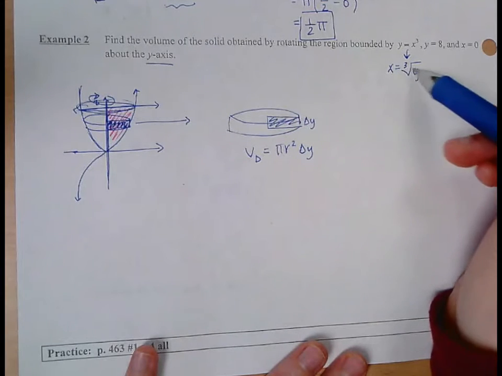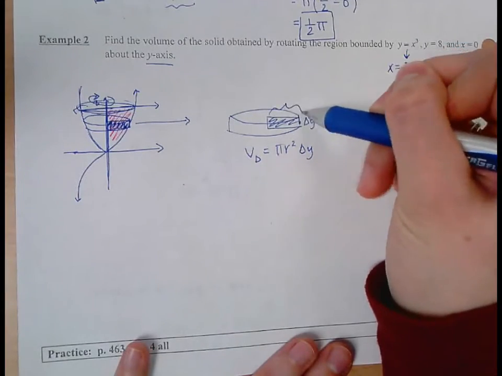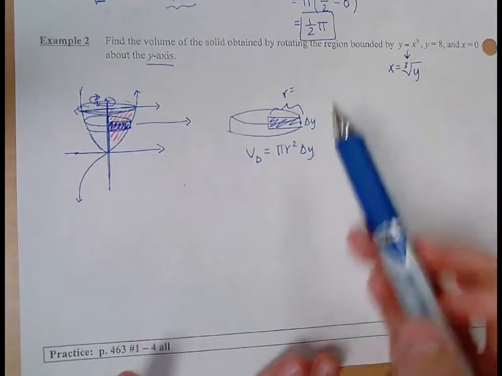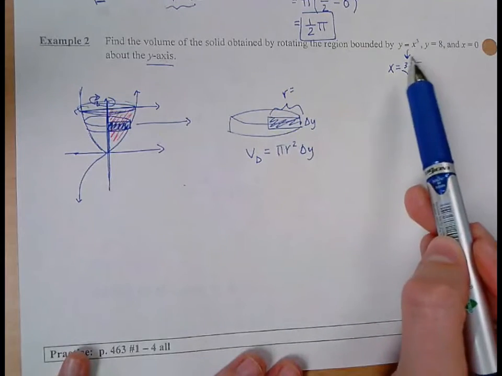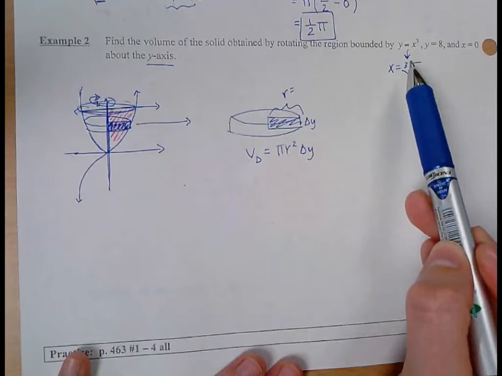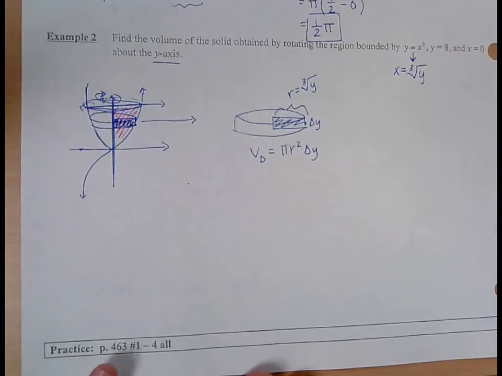So that is really the function that I'm using. So your radius would still be the length of your function, but it would be the cube root of y in this case, because it needs to be in terms of y.